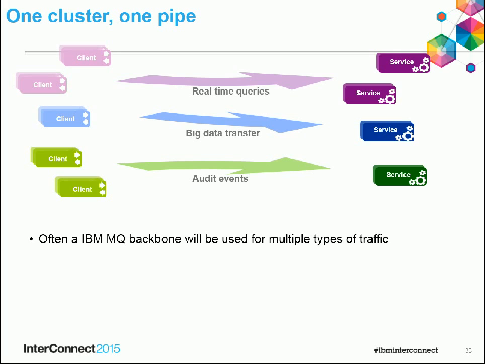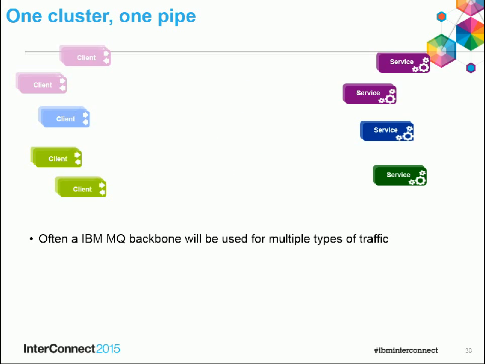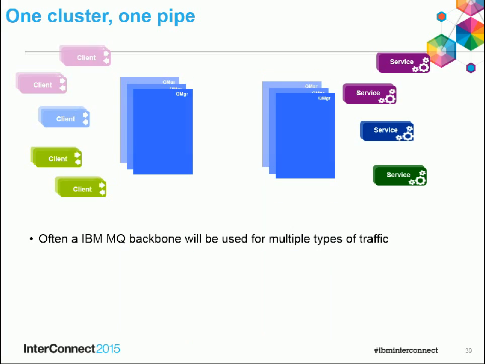Each of those different types of messages need to get through at different speeds with different implications if they don't. And some you just want to get through eventually, and maybe they're going to be big and bulky, and you realise that those are going to interfere with getting the smaller, quicker messages through. Now, if you're doing that over a general purpose set of queue managers where all these applications can connect in, and those queue managers are in one big cluster, like I said, it's a bit like a pipe.